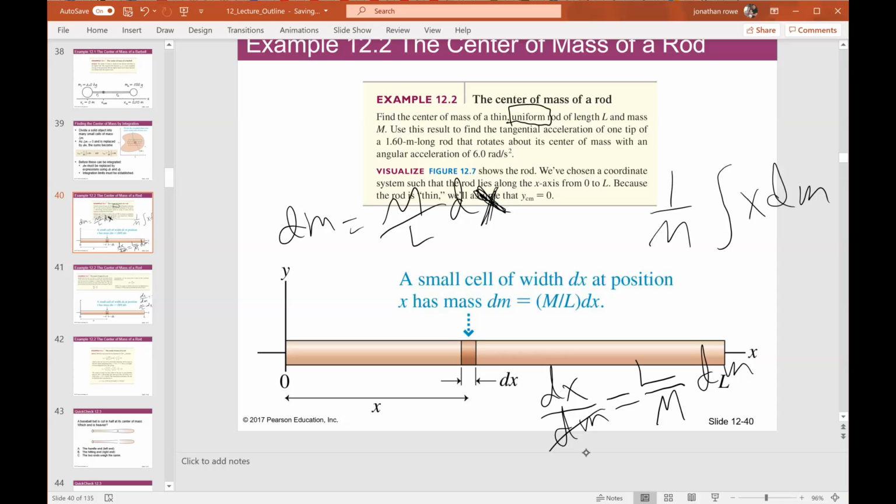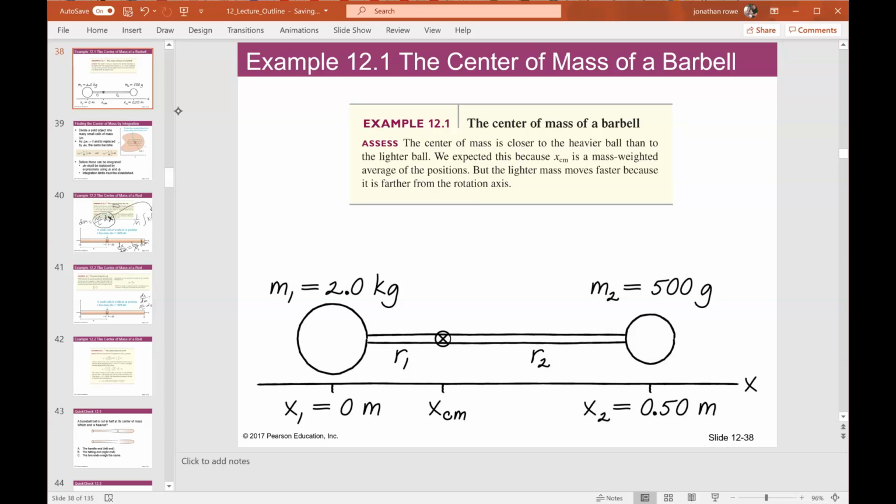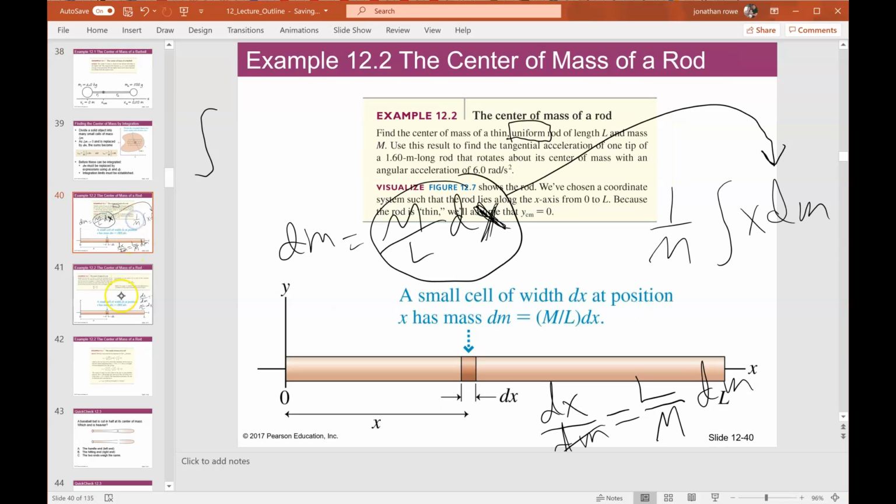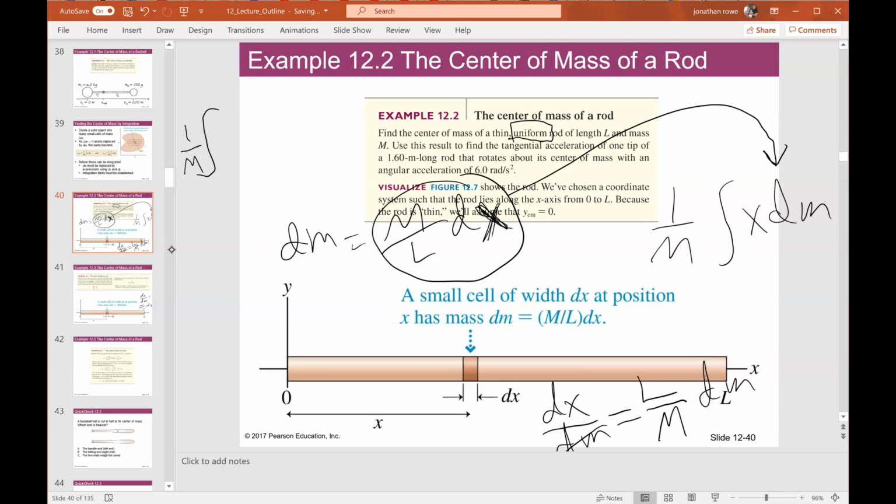Sorry for the scribbling. So that is now going to go here, and I will have not a dm, but a dx, which is what I need. So let me write it right here. The integral now, it's 1 over m still outside this integral of, shoot, I should have written x m over L dx.